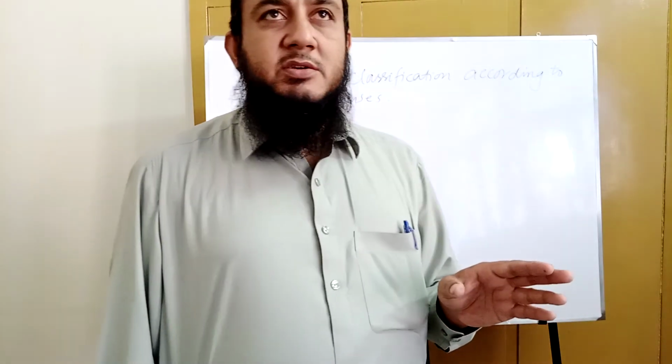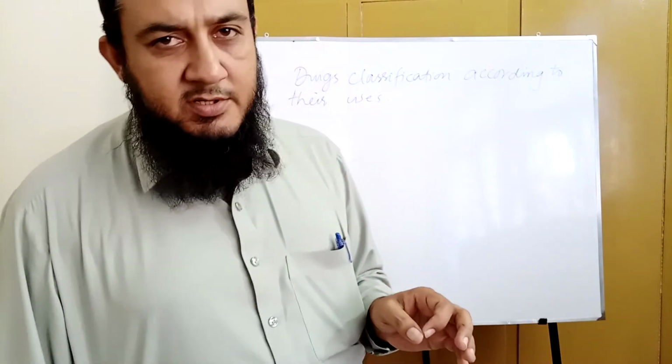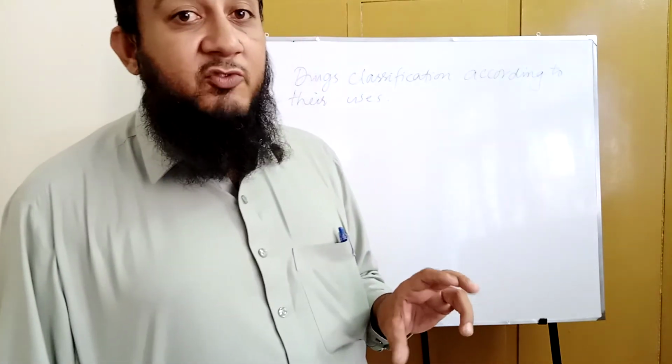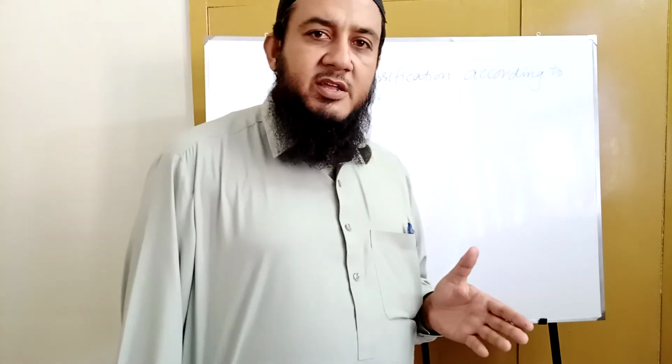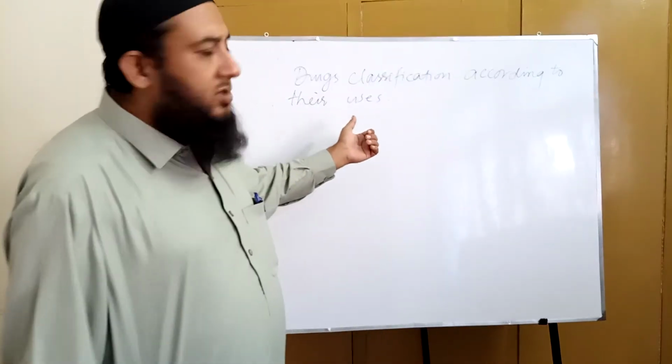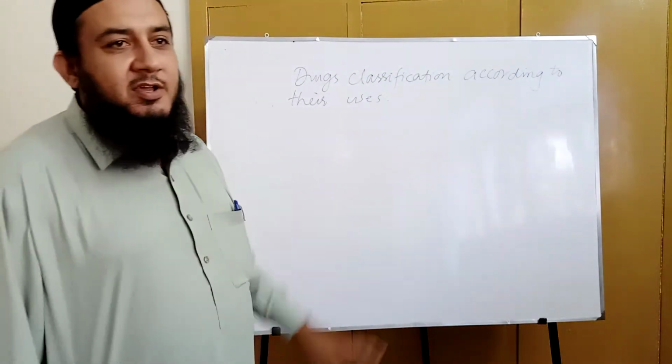Mainly the class involved in anti-allergic is also called antihistamines. Drugs may be used for expulsion of worms from the body; they are called anthelmintics. This is the way in which we classify the drugs according to their uses.